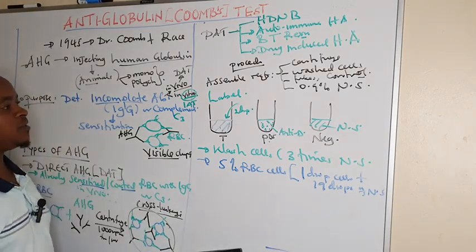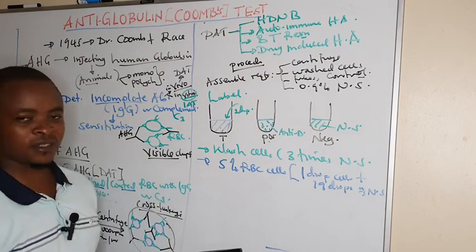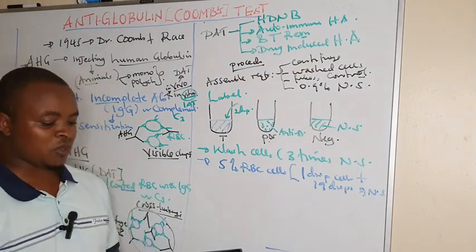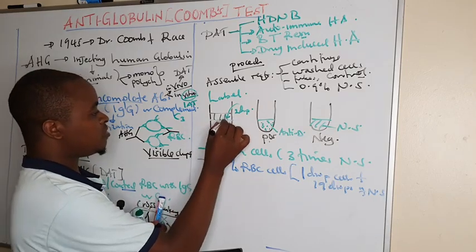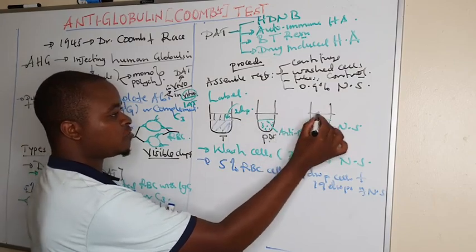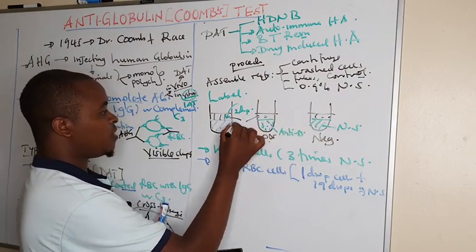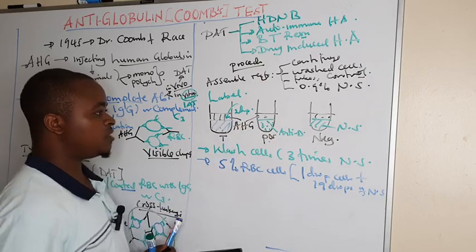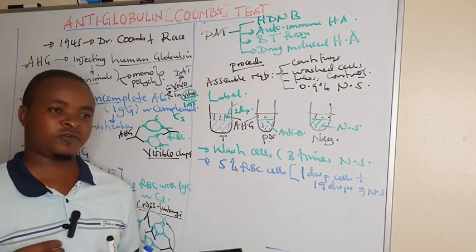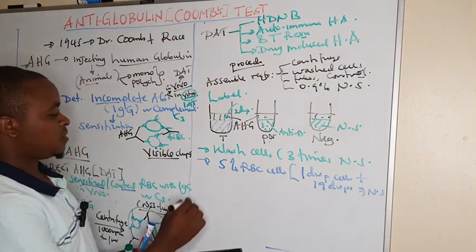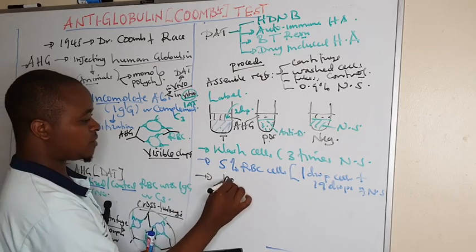After doing that, you add equal volumes of anti-human globulin. So in every tube, you're going to put 2 drops of anti-human globulin reagent. Then you incubate at 37 for like 5 minutes. After adding, you mix.